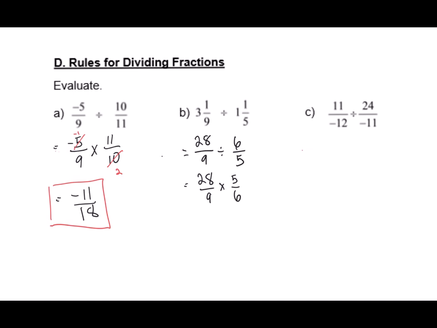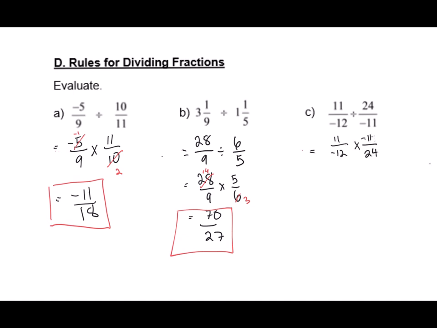In this case, 28 and 6 can both be divided by 2, so 28 becomes 14 and 6 becomes 3. So 14 times 5 gives us 70 over 27, and we're done. Do the last problem on your own and we'll take a look at our final answer.